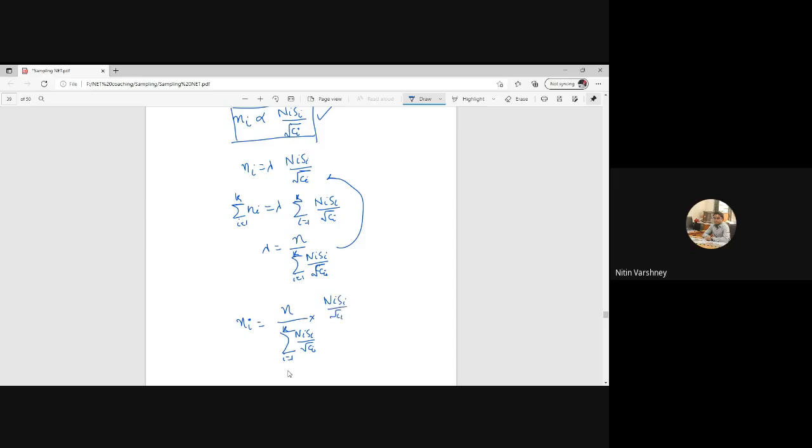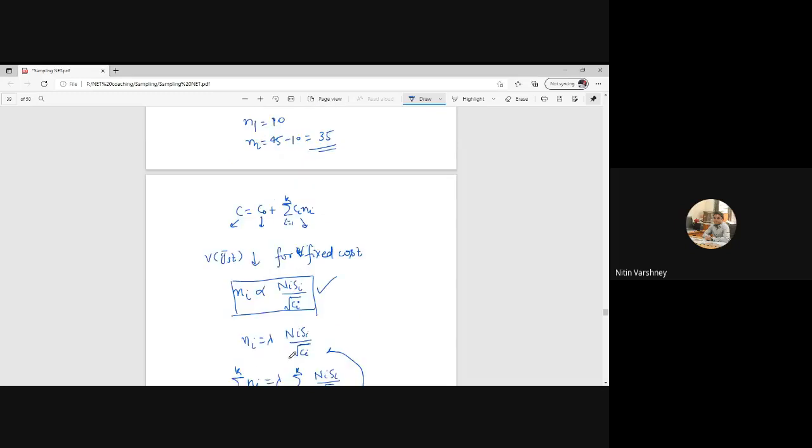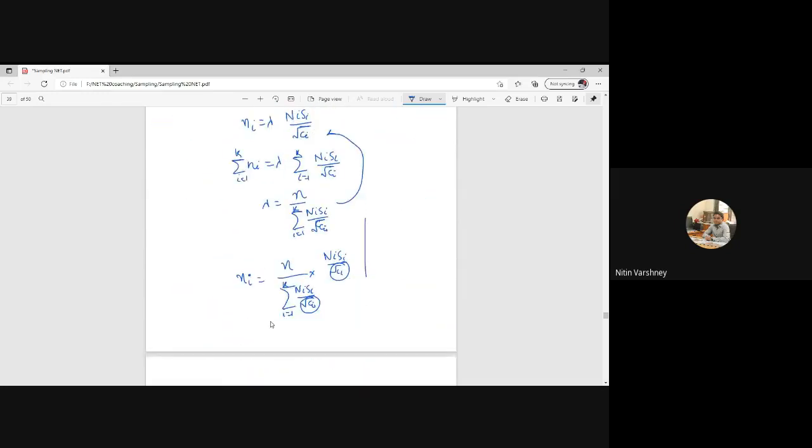So what is the difference here? We are just dividing by under root Ci, that is our per-stratum cost. Just remember that in Neyman allocation, it was ni equal to n upon summation NiSi, into NiSi.